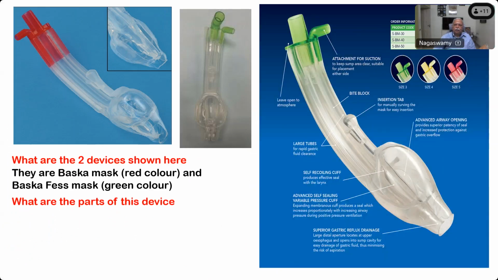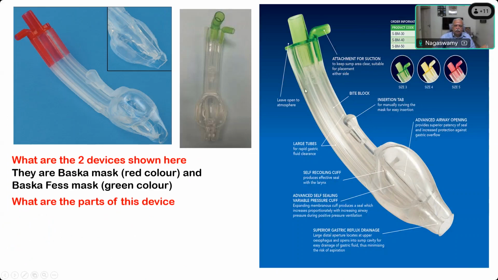So these are all the parts that you have to see. Attachment for suction to keep the sump area clear, suitable for placement on either side. This is left open to atmosphere for air to enter. So there are three channels. This is the ventilating channel.